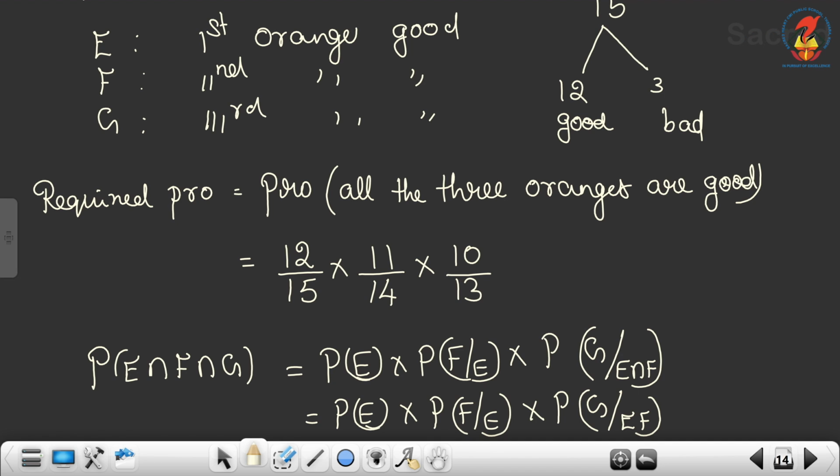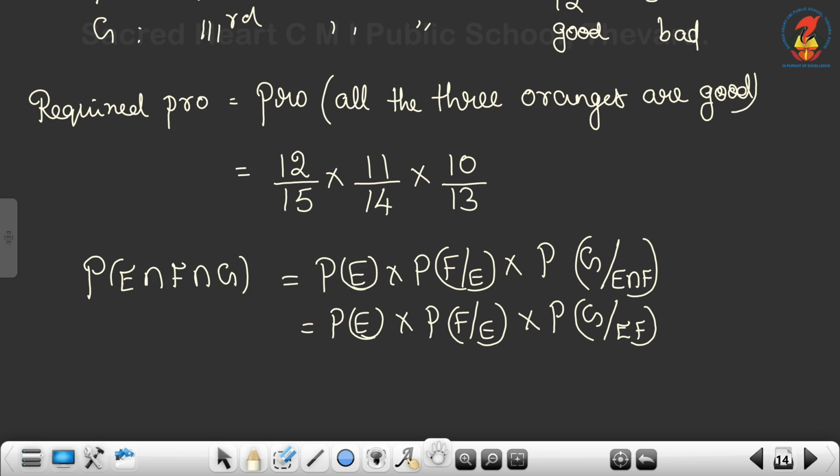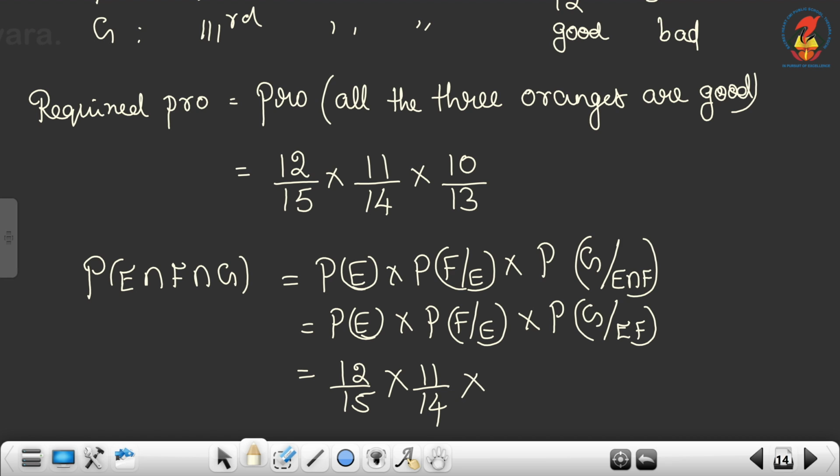So first we take the first orange, then the second orange. The first one happened, now the third one. The first two events have already happened, that's the meaning. Using this, the probability of E, the first orange good, is 12 out of 15, into P of F given E, which is 11 out of 14, and now the third one is 10 out of 13.